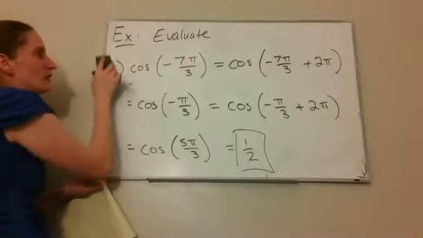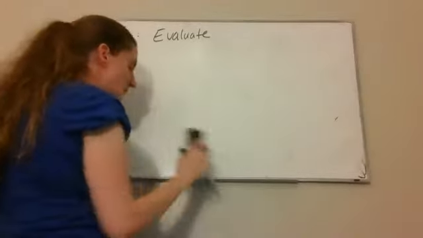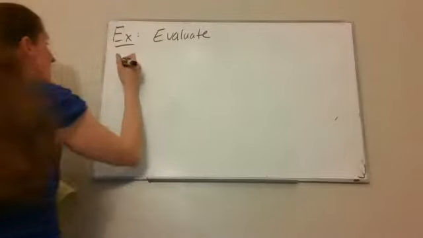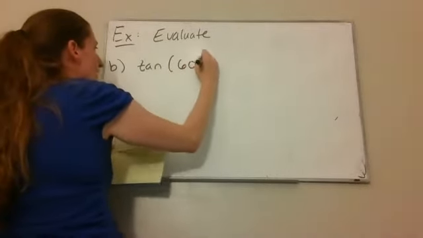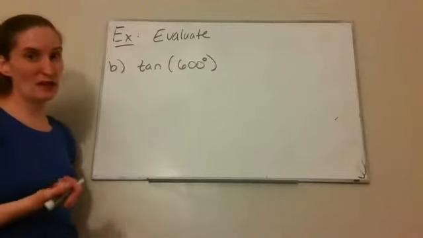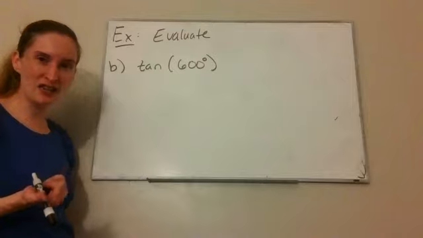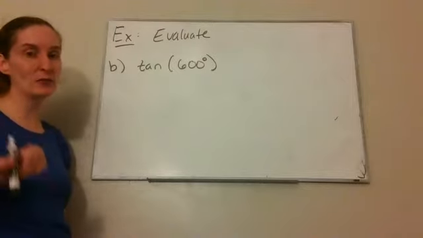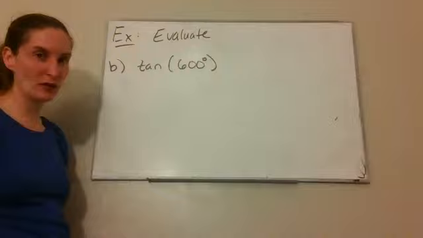Let's do another one. Tangent of 600 degrees. Well, this time we're using degrees instead of radians, and we learned that our tangent has a period of pi radians. Well, pi radians is the same thing as 180 degrees.